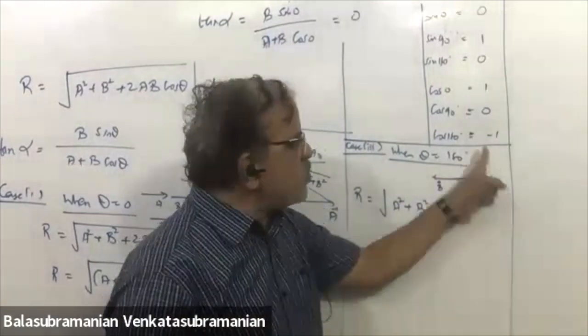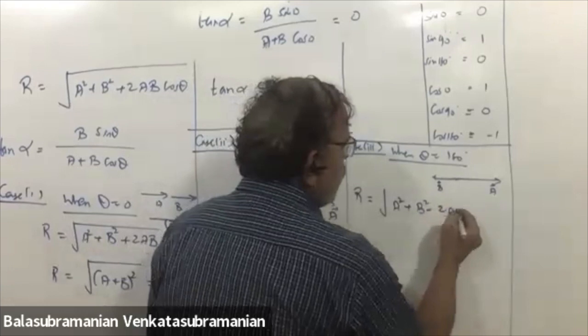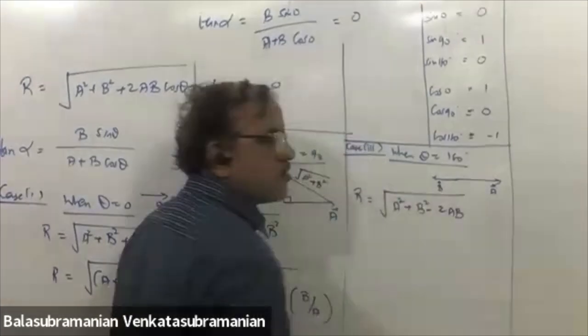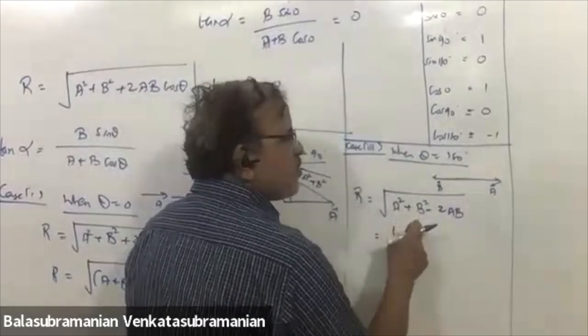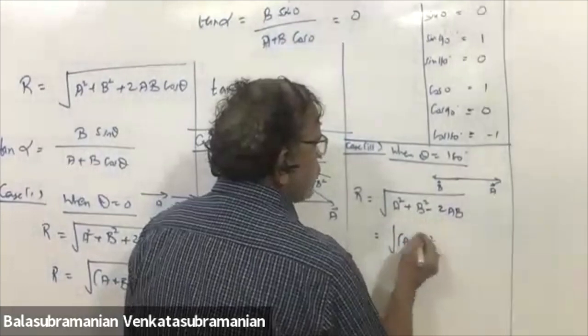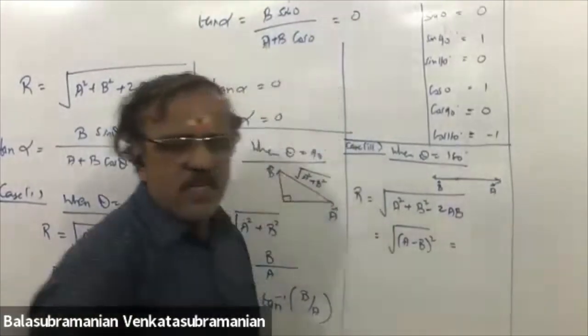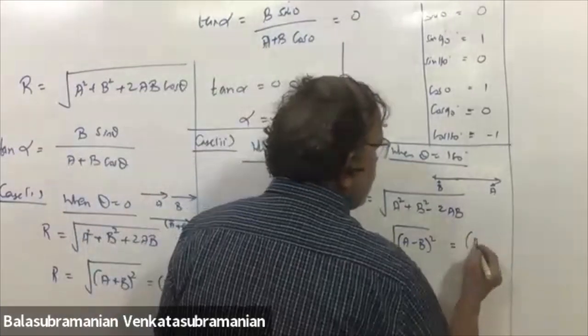Cos 180 is minus 1. So I can write minus 2AB. That is A square plus B square minus 2AB means A minus B the whole square within the root. That is A minus B.